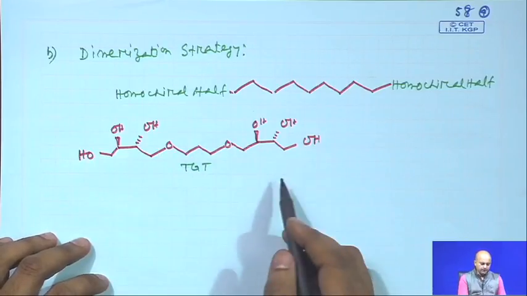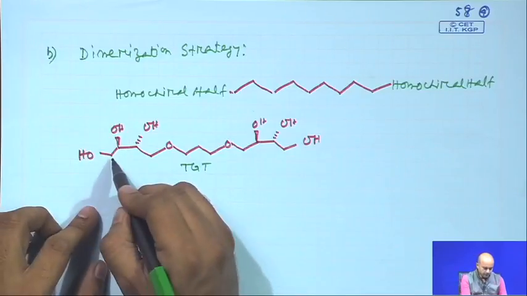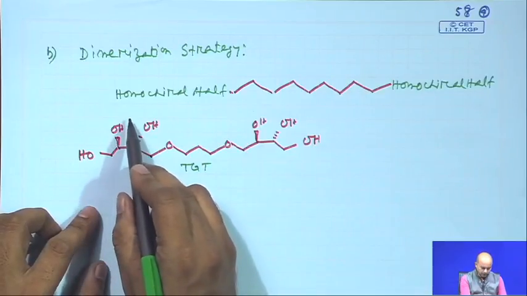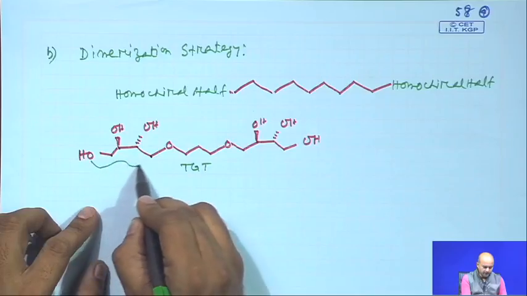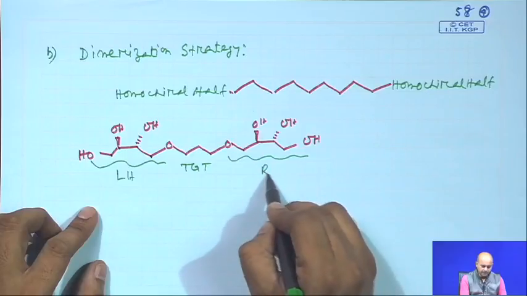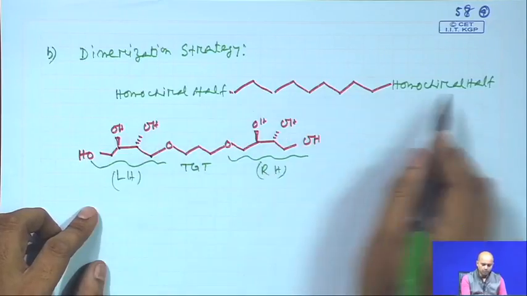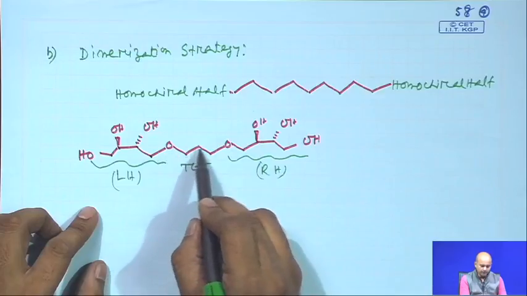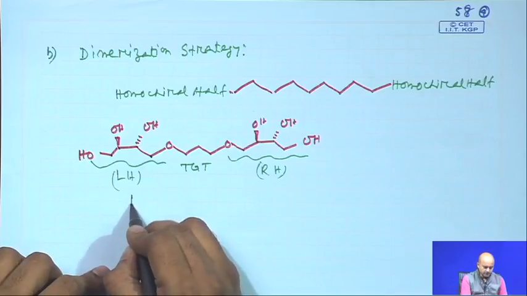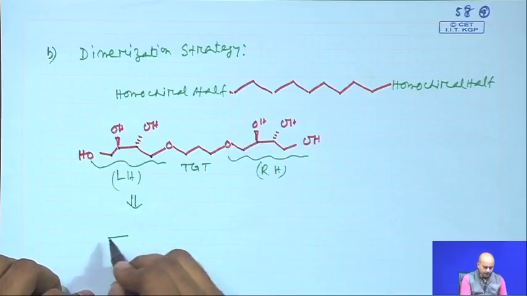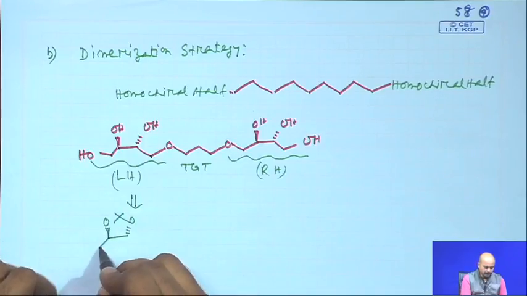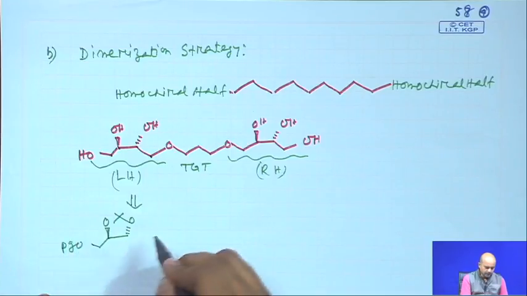If we analyze very closely, it is basically a C4 tartaric acid building block on the left hand side. This left hand side has one chirality and this right hand side has exactly the same chirality. So, that is why both the halves are homochiral, and you are dimerizing them through an achiral spacer. So, eventually these things you can easily prepare if you just try to have a compound like this.